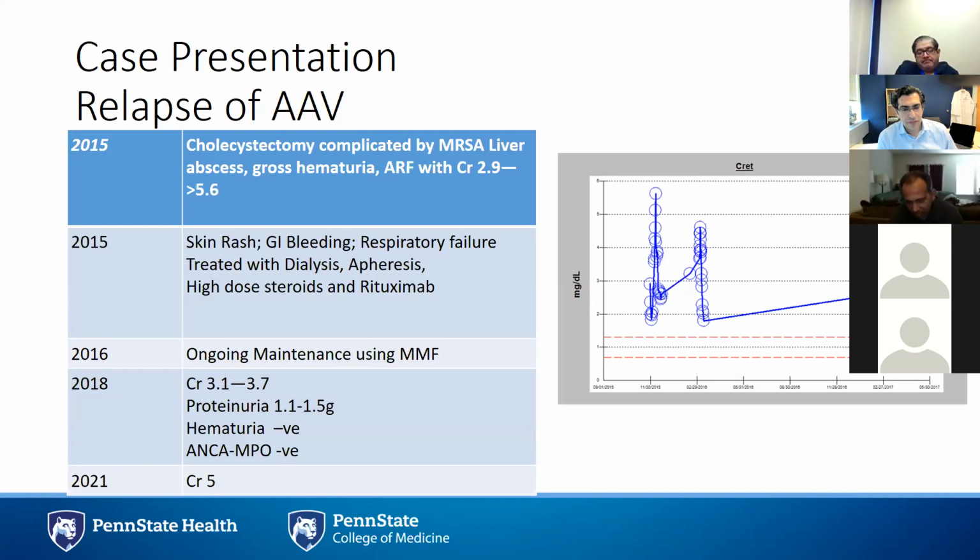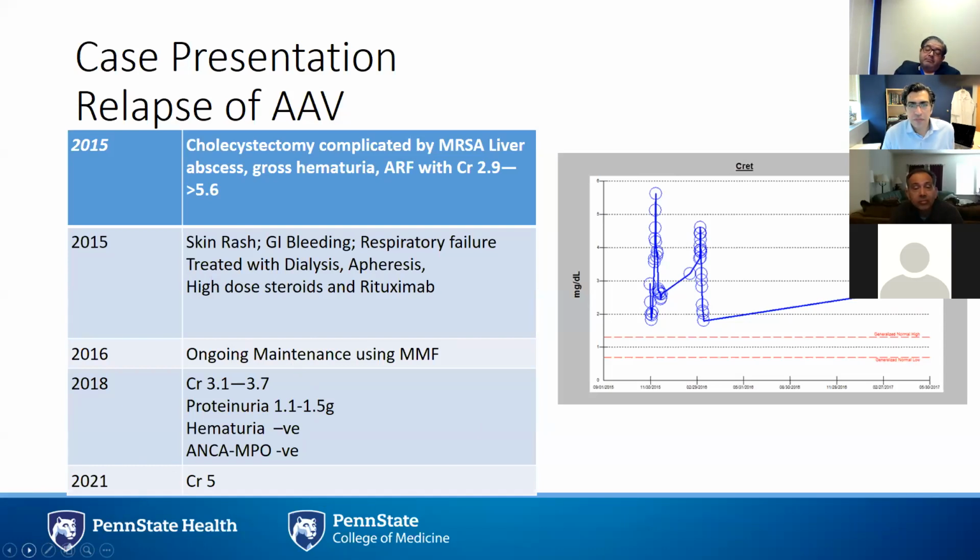So in a relapse now, if the serum creatinine stays around 5, I would probably not give immunosuppression for the kidneys. But regarding extrarenal manifestations, suppose the patient presents with respiratory symptoms, that will determine what we do. Because at the age of 70, with a history of MRSA and liver abscess, it's a matter of saving the patient or the kidney with immunosuppression.